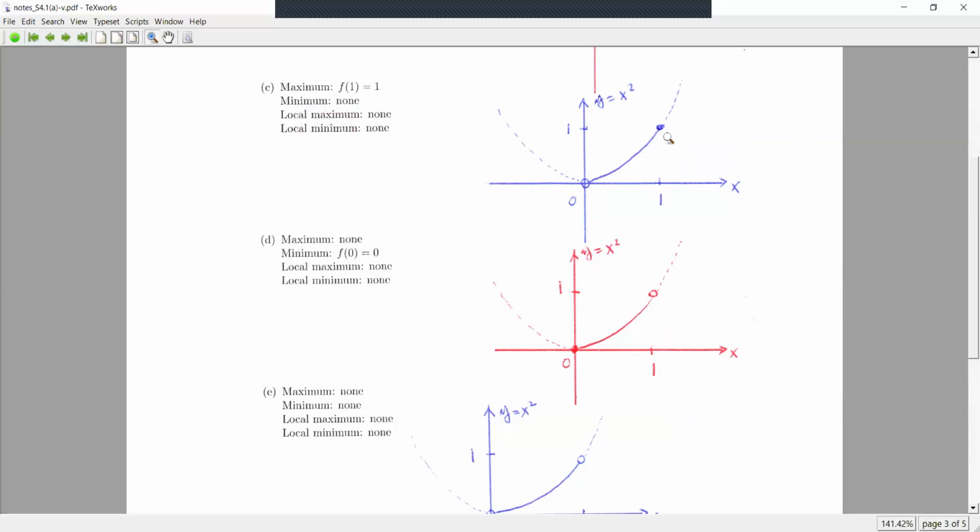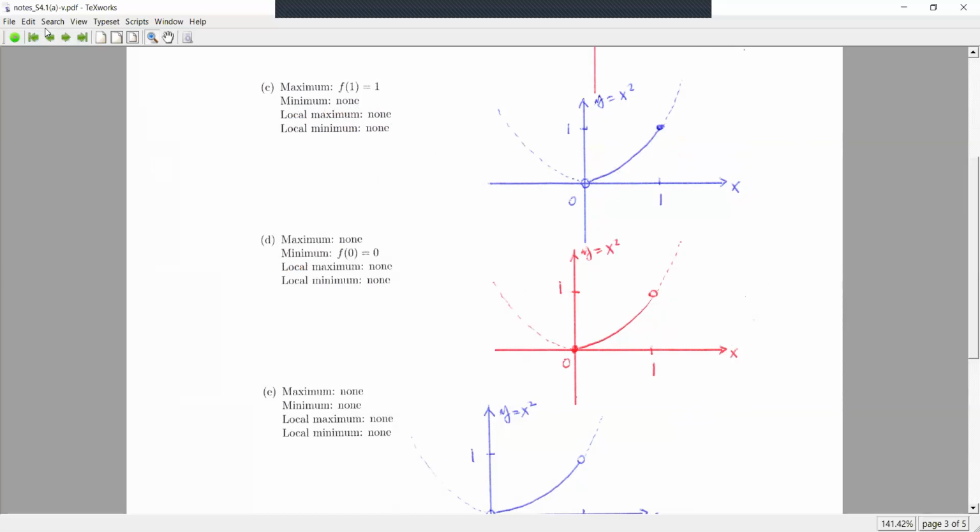The book doesn't consider it as local maximum by convention, so the answer is none. Local minimum, this point locally minimum, but this point is not part of the portion that we are considering. So the portion that we are considering has no local minimum. So the answer is none.